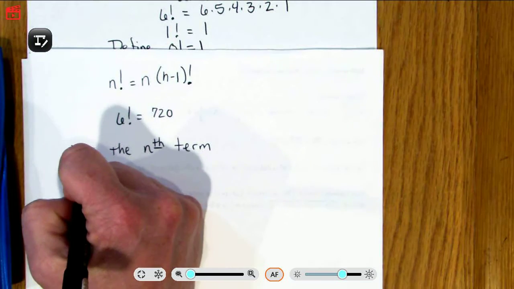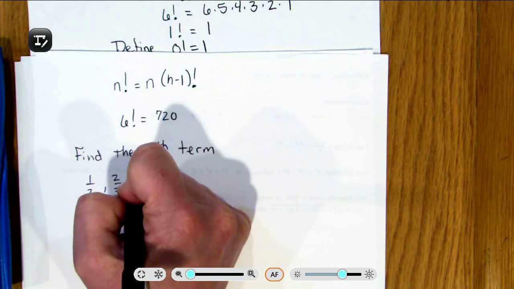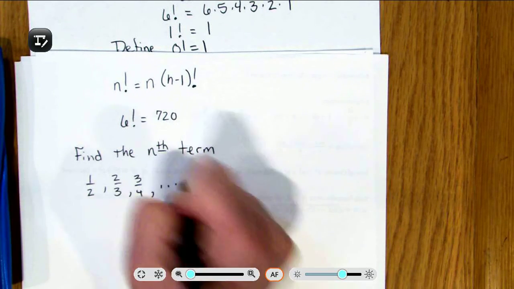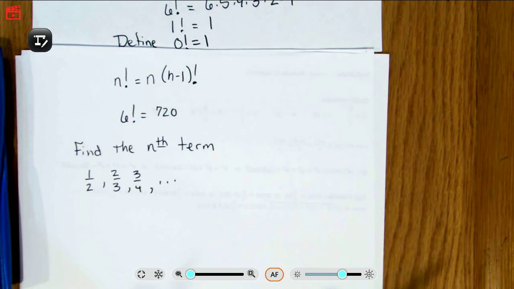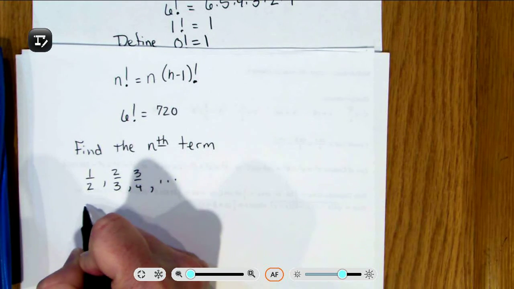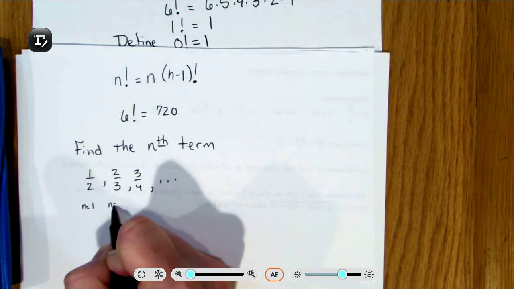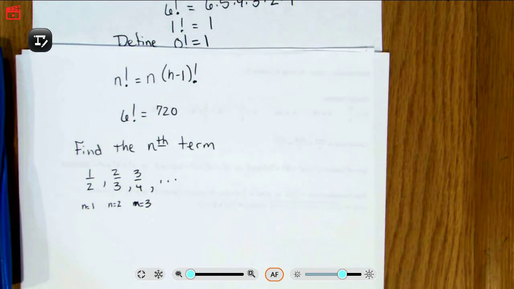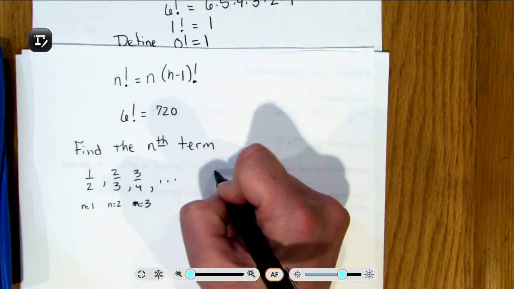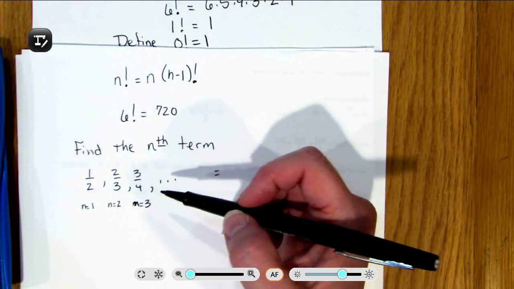So if I look at my sequence 1/2, 2/3, 3/4, and then I just have dot, dot, dot. First of all, we're going to assume that the pattern continues, and then we have to see what that pattern is. Remembering this is our first term, so this is where n is going to be 1, n is going to be 2, n is going to be 3. And these take time, and some people are really good at this, and some people struggle.